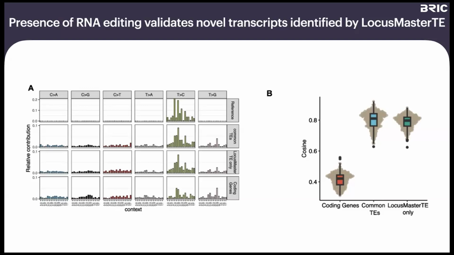Notably, a recent study has shown that Alu elements, which are one type of TE, account for over 99% of human RNA editing events, as they form double-stranded RNA structures which undergo A-to-I editing. So we used the TCGA colon cancer data, and we also used a reference.